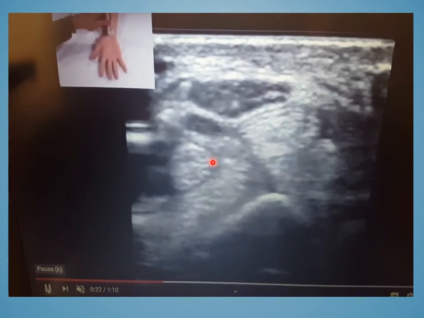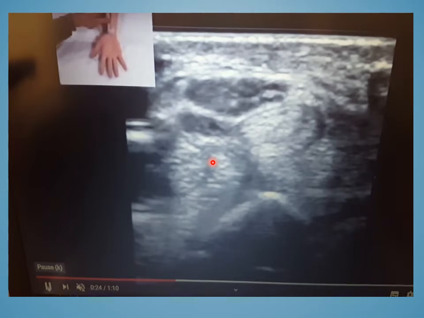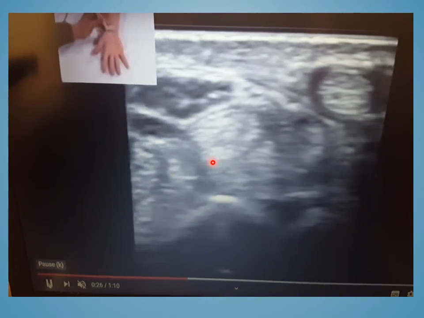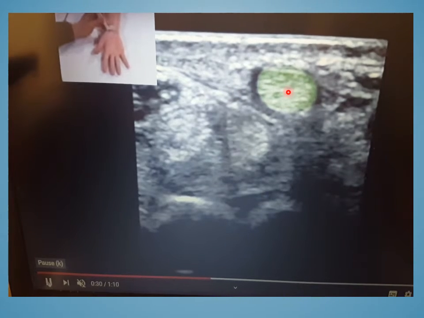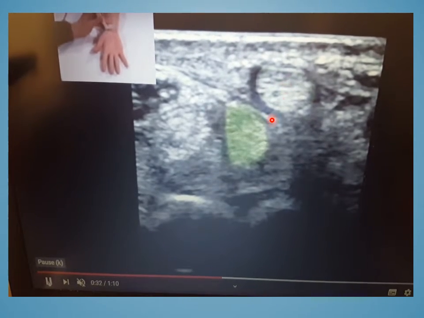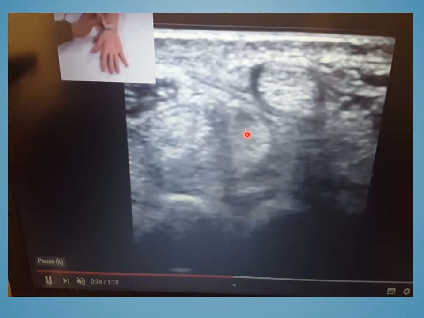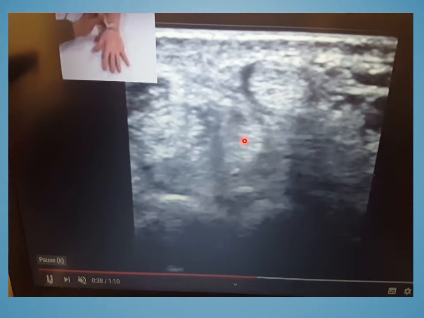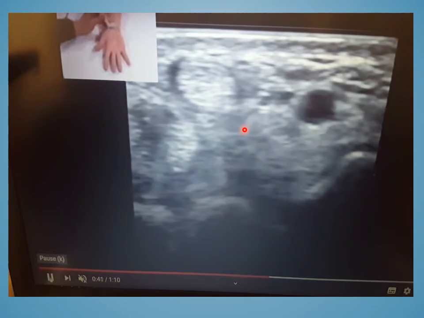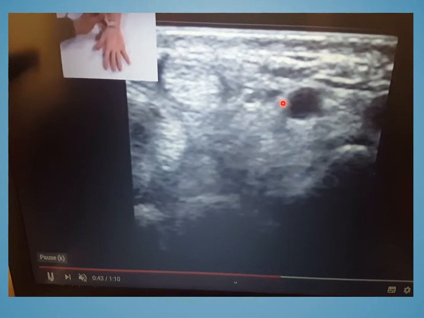Movement of the finger can make us see the movement of the tendons. This is the flexor retinaculum. Outside is the flexor carpi radialis, and inside is the flexor pollicis longus. You can move the thumb to see its movement. And here is the radial artery.